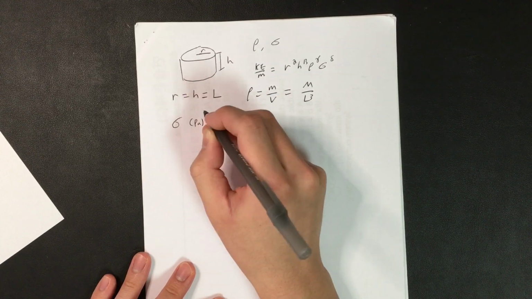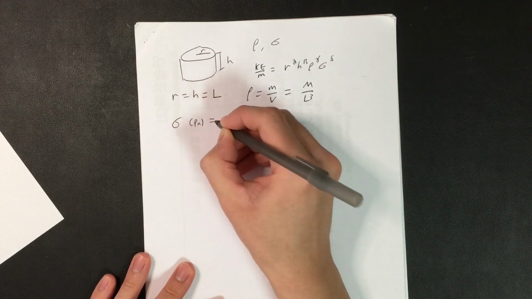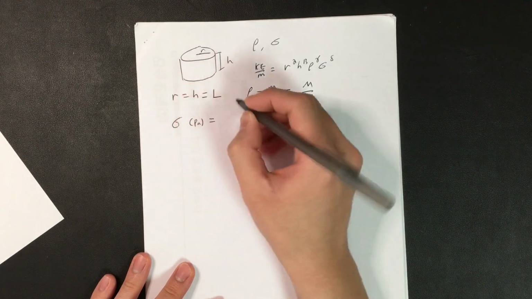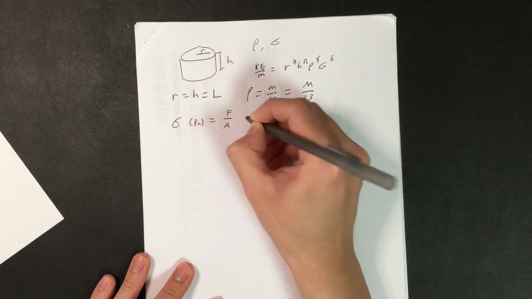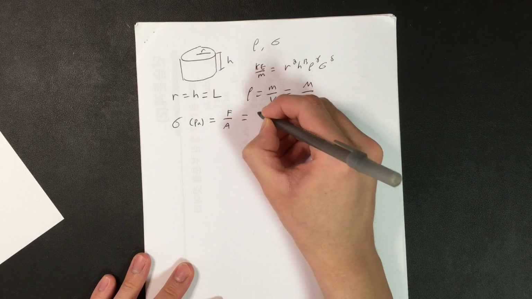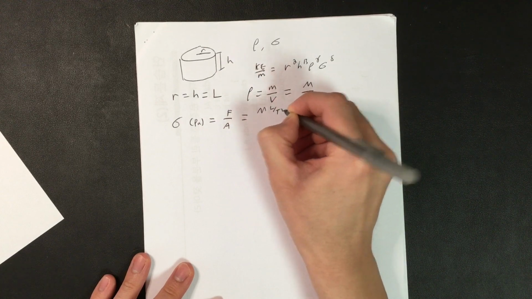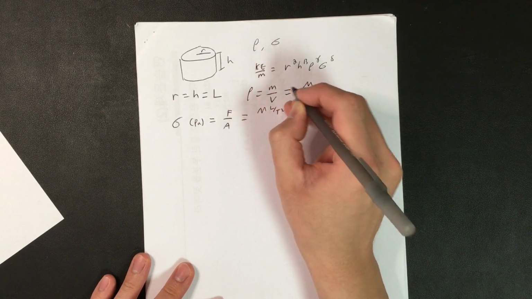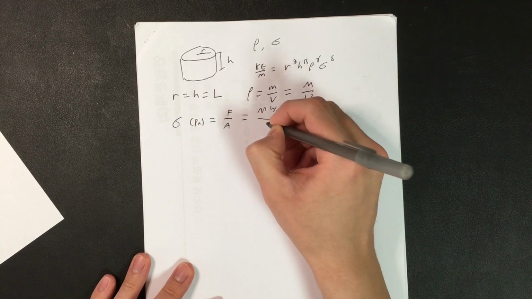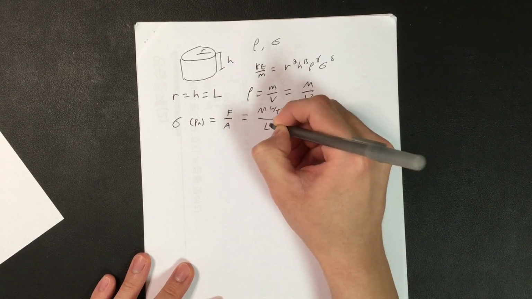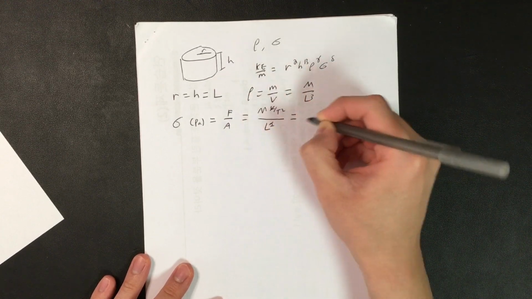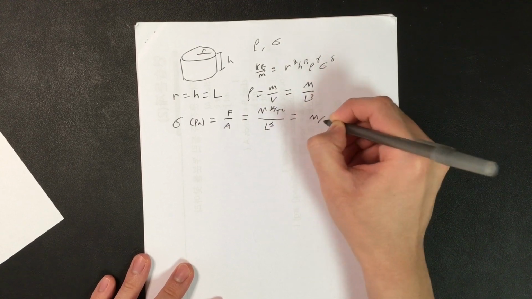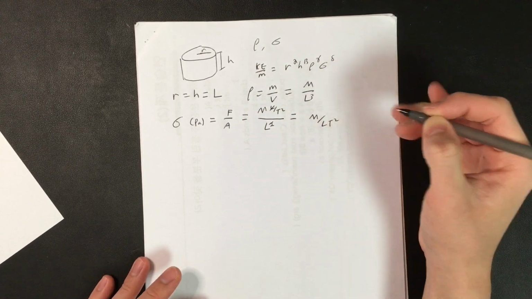Remember that pascals are units for pressure, and therefore sigma can be expressed as F over A. Since force equals mass times acceleration, force equals m times L over T squared, and area corresponds to L squared. Evaluating this expression leads to m over L times T squared.